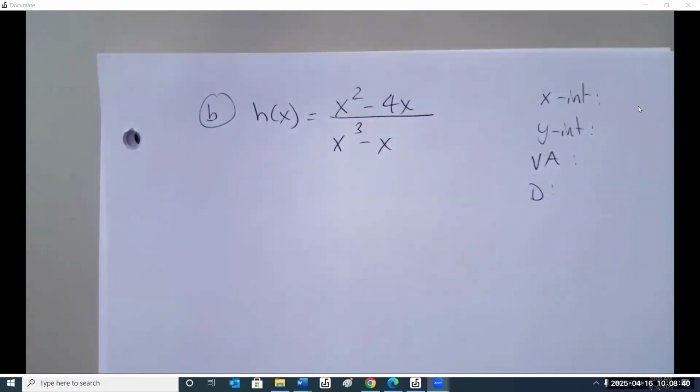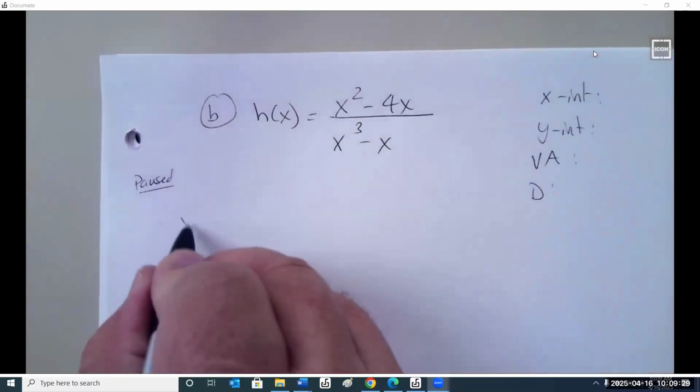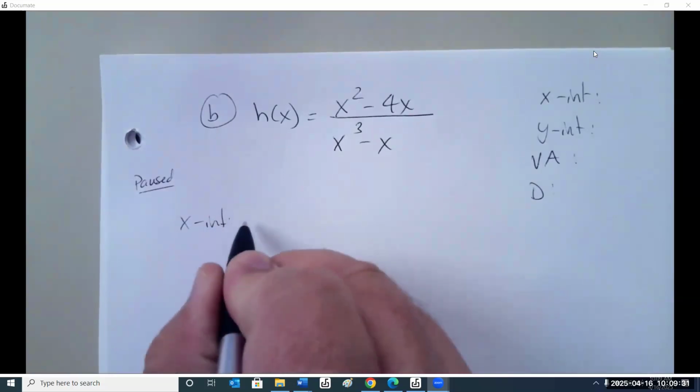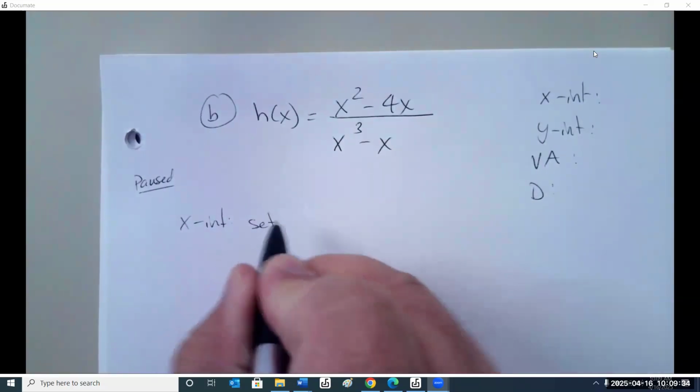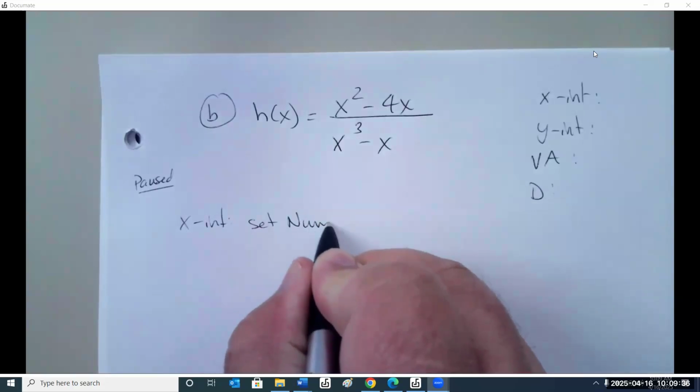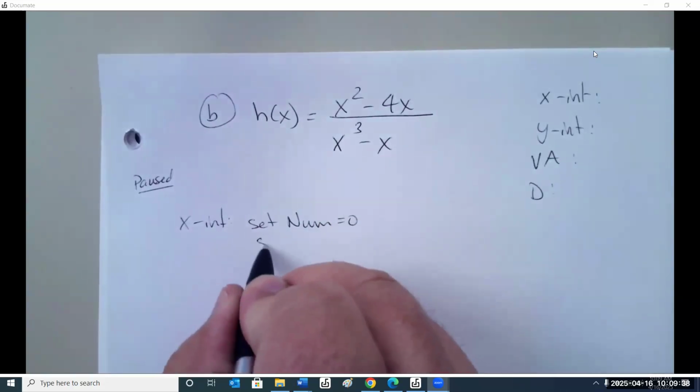It'd be 0. What would that find for us? There's a couple, yes, for the x-intercept. Set the numerator equal to 0 and solve.